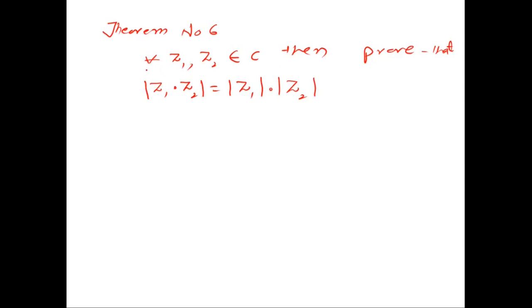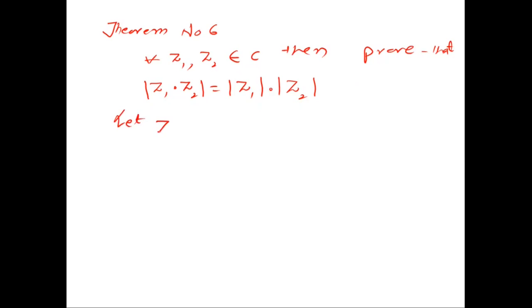Theorem number 6. For all z1, z2 belonging to complex numbers C, prove that the modulus of z1 multiplied by z2 equals the modulus of z1 multiplied by the modulus of z2.